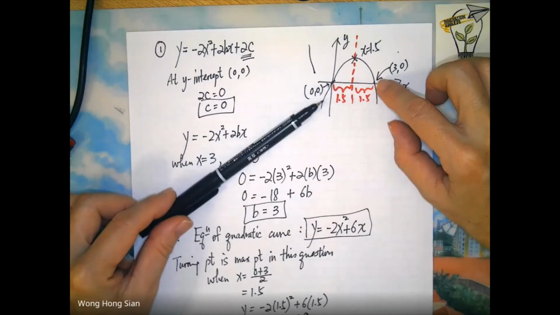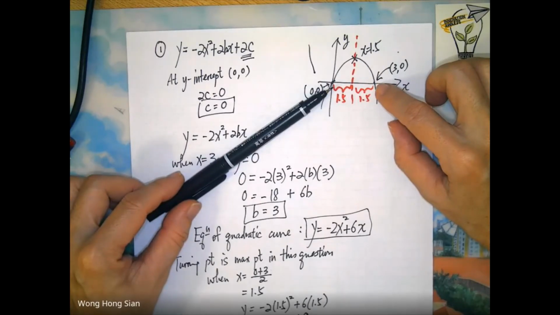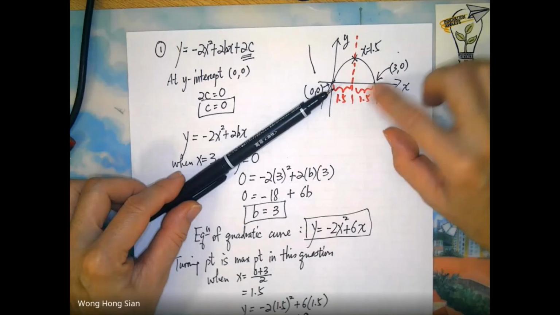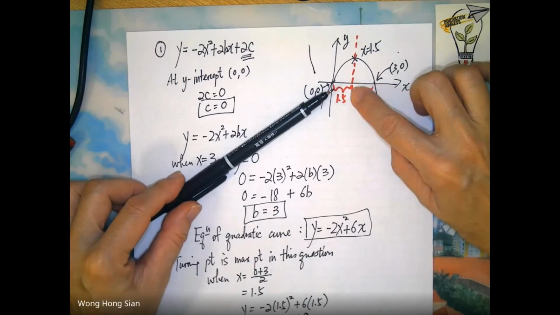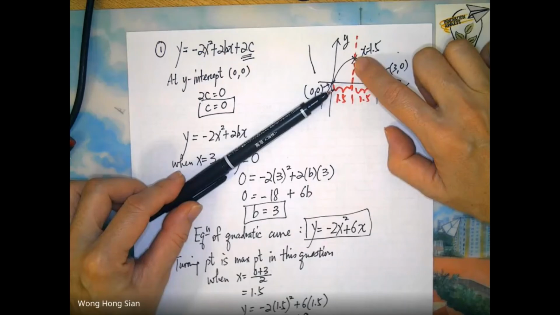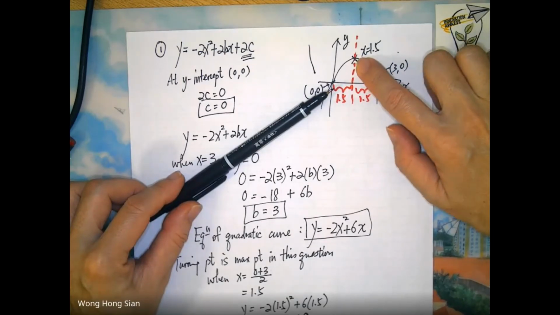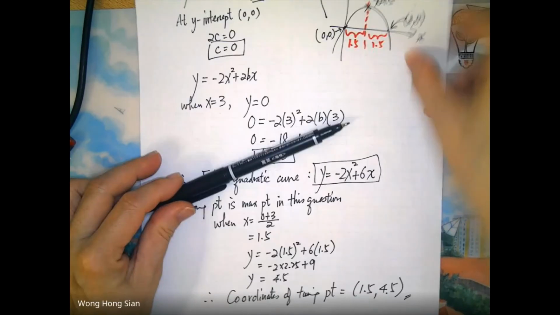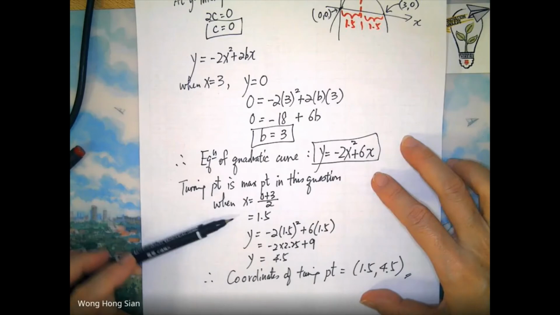This point is 0 and this point is 3, so the midpoint of 0 and 3 is 1.5. So when x is equal to 1.5, that's where the turning point is. In this case, it's a maximum point.